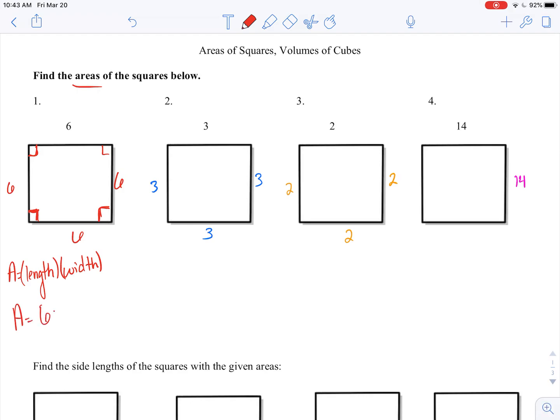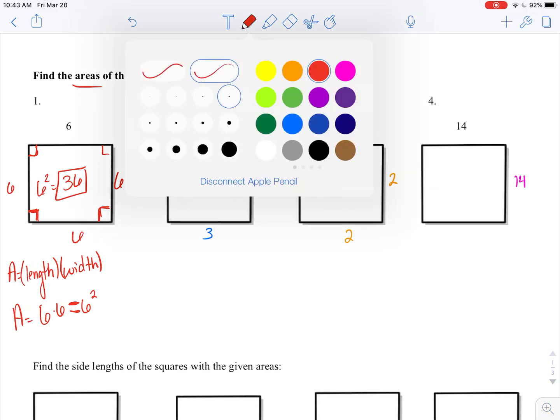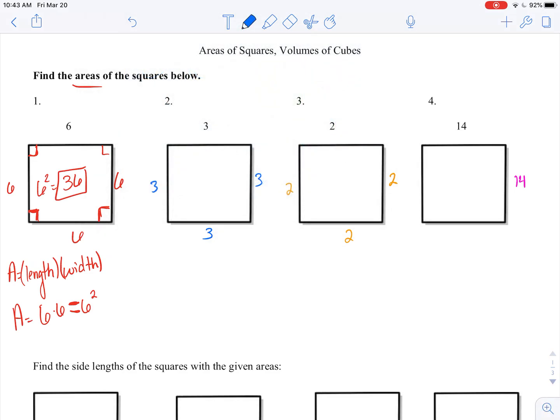Well, since this is a square, they're exactly the same number. So my area would be 6 times 6. And another way of writing 6 times 6 is just 6 squared. So this area is 6 squared equals 36.